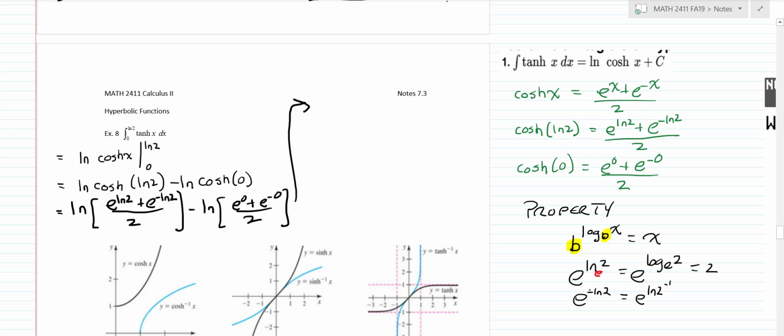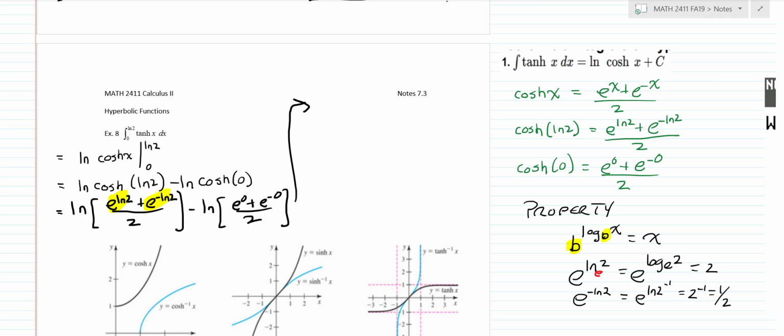Remember, that's a property of logs: you can bring an exponent in front of a log, or bring a number in front of a log up to the exponent. So according to this property, that would be 2 to the negative 1, or 1/2. So this is 2, and that will be 1/2.